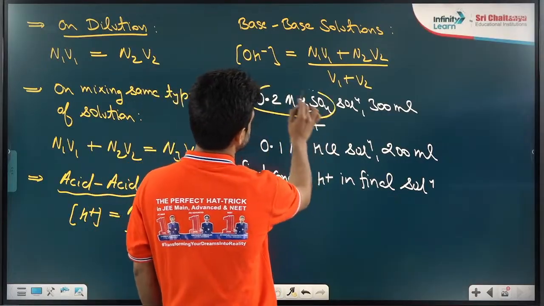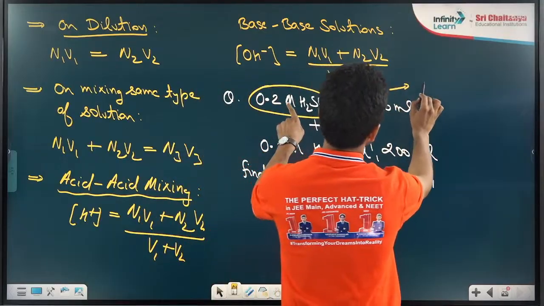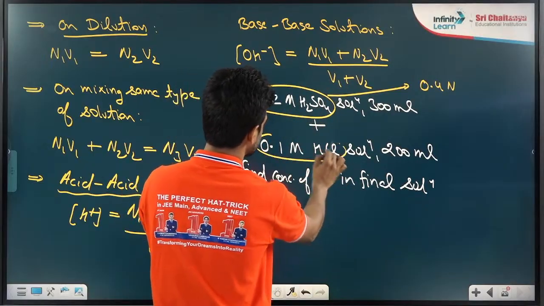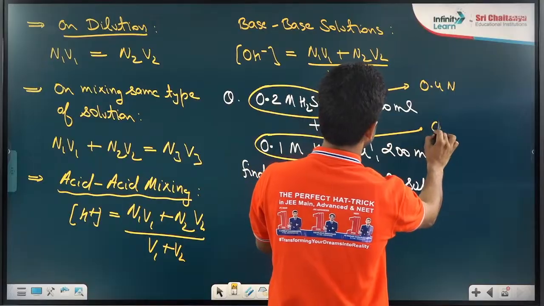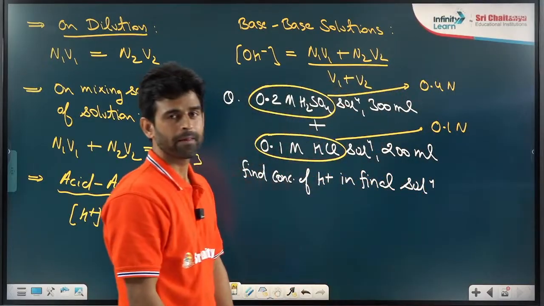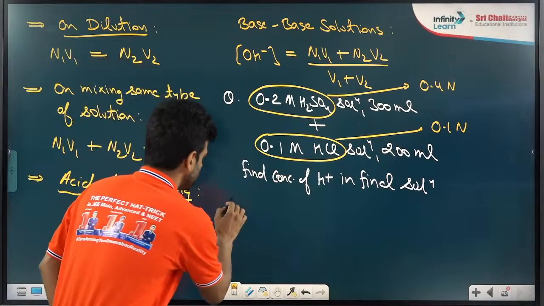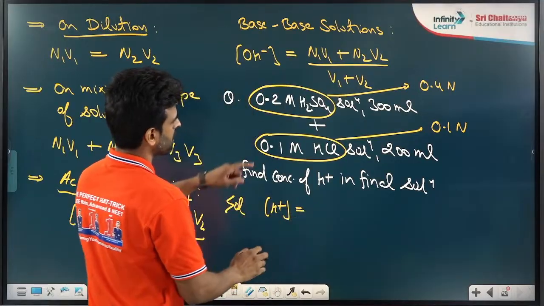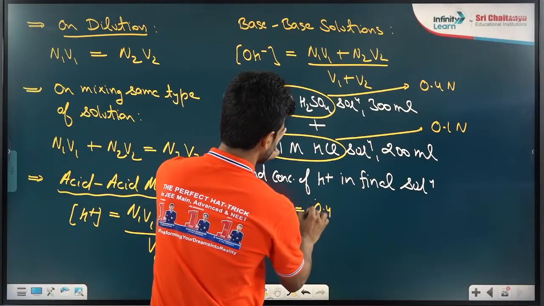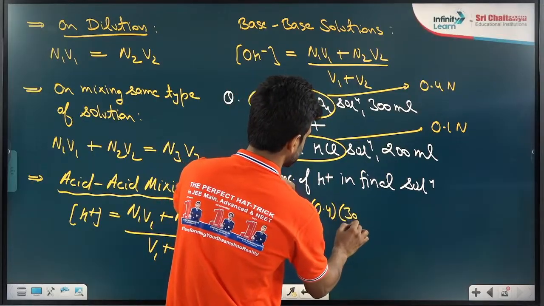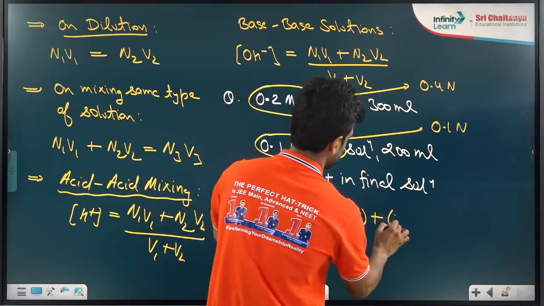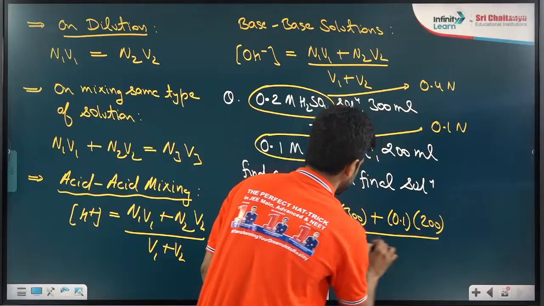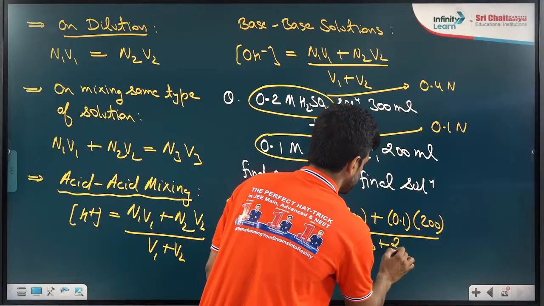First get the normality. The normality of the H2SO4 is 0.4 normal, because the n factor is 2. The normality of the HCl is 0.1 normal. We have to find the H plus concentration finally. So N1 V1 is 0.4 into 300 plus 0.1 into 200, divided by 300 plus 200.